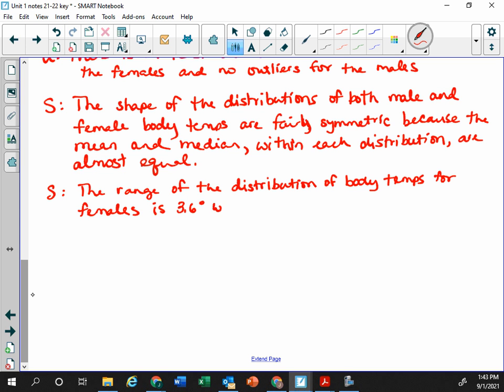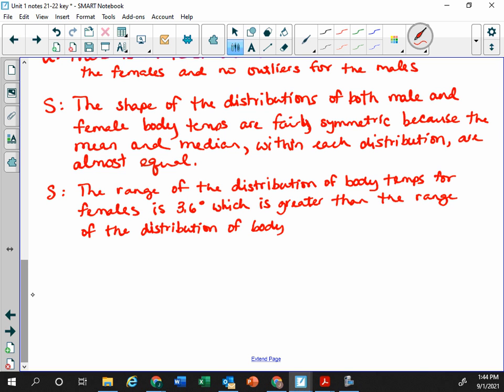And then I would say which is greater than the range of the distribution of body temps for males of 3.2 degrees.